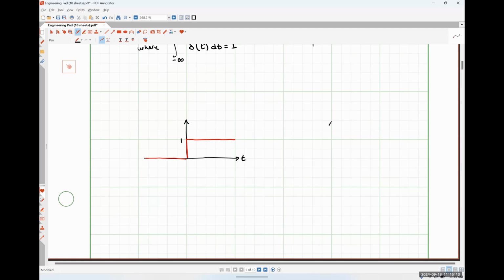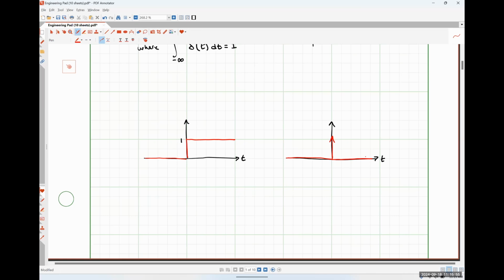And over here, let's put our delta function. Just to recap, for the step we're at 0 forever until we hit t equal to 0, and then we're at a value of 1 forever. For the delta, we're at 0 until we hit t equal to 0, and we have an infinitely tall pulse, and then we're at 0 again.